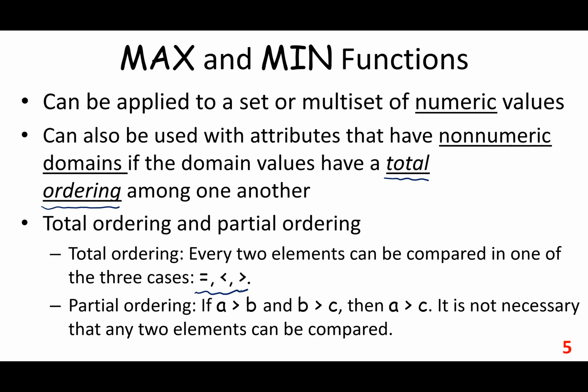But here you can see, max and min can only be applied to total ordering, not partial ordering. For partial ordering domains, you cannot apply max and min. So it's special from that count function, right? Count function, even for partial ordering, we can apply, we just count the number.